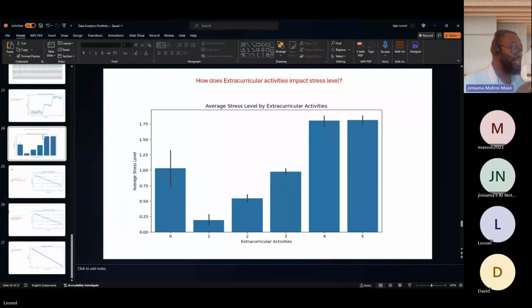If they are statistically the same, which I predict because I'm seeing it in the plot, then you want to show that 2 is statistically different from 3. If you show that 2 is statistically different from 3, then you want to propose 1 or 2 and not 3, because 3 has the same stress level as 0. Does that make sense? Yes, it does.